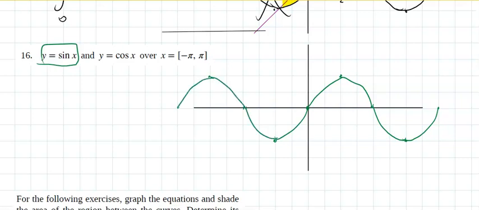Okay, that's y equals sine of x. It's between negative pi and pi. And let's do a cosine, assuming that's a 1, of course. The graph looks something like this.